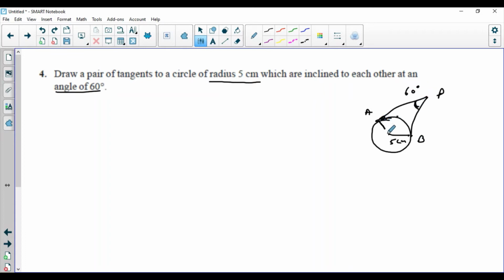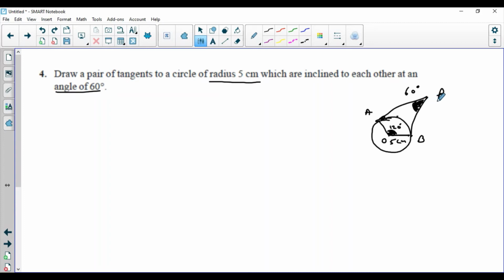Okay, so now if O is center, we know by the corollary of the equal tangent theorem, these two angles are supplementary, isn't it? So if this angle is given to us 60 degree, this must be 120 degree. Because PB length is not given, where we should take P is also not given.